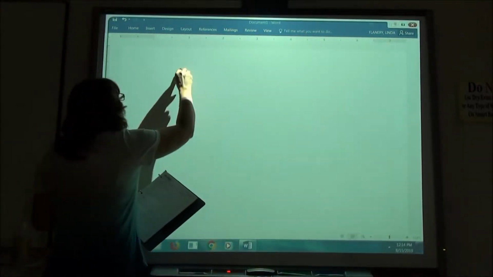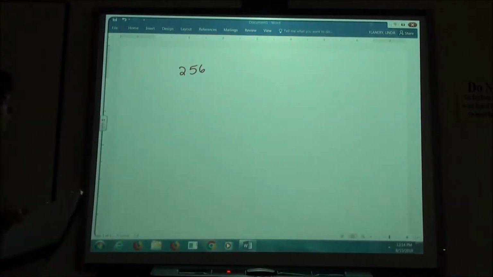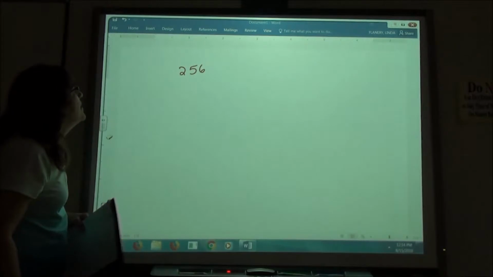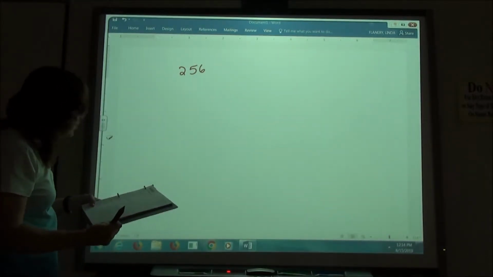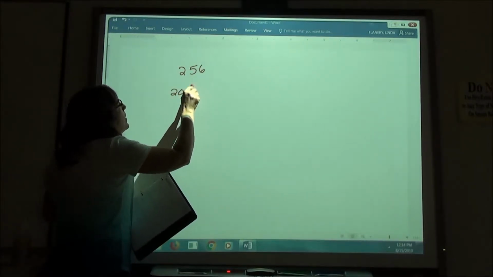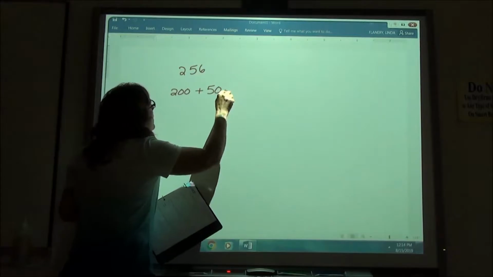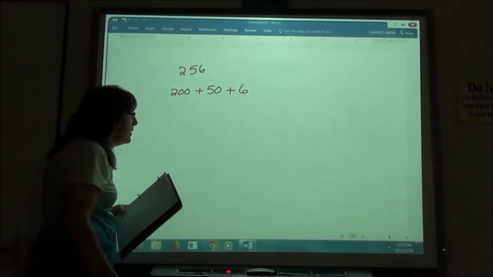They give you the number 256. They want you to write that in expanded form. I believe what you're going to do here is the 2 stands for 200, plus the 5 is in the 10 spot, 50, plus 6.